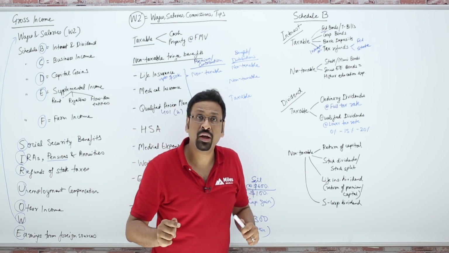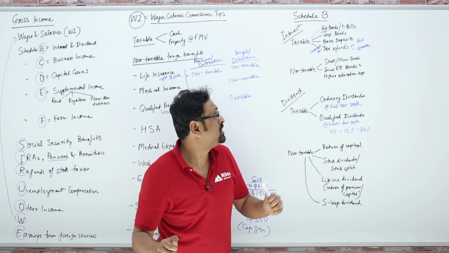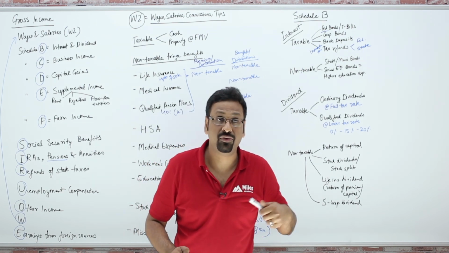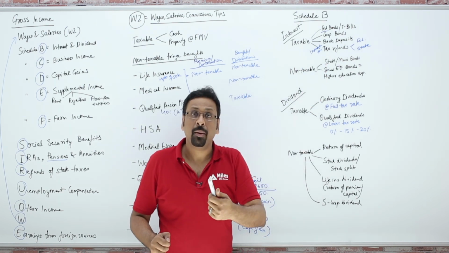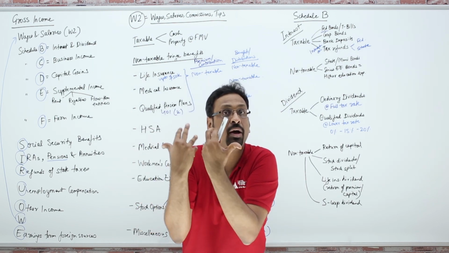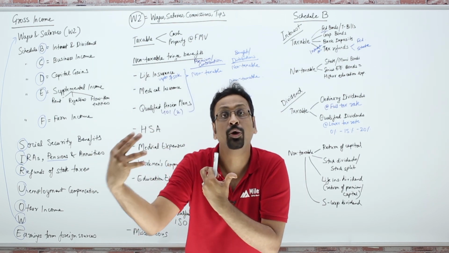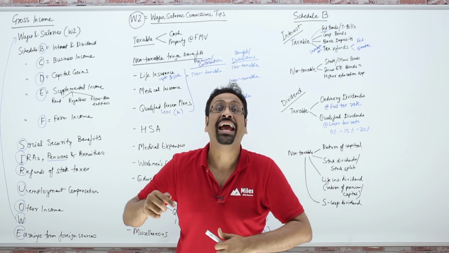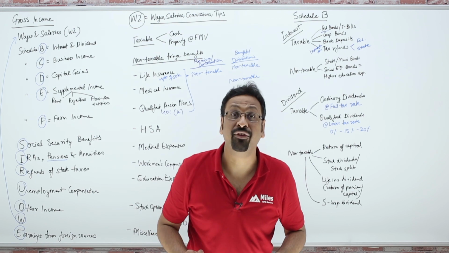However, note that if you invest in state bonds, bonds issued by state governments, or muni bonds, bonds issued by municipalities, and you're getting interest income out of those state bonds or muni bonds, that interest income is non-taxable. It is tax exempt for you.